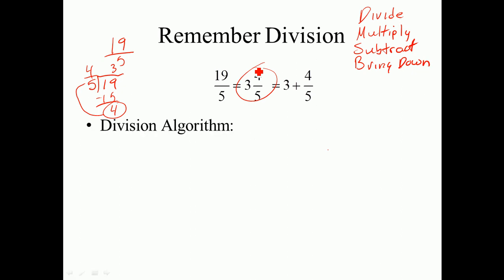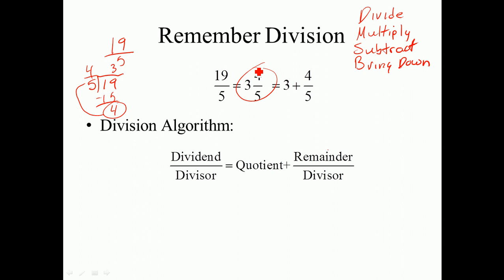So from here, I can show you the division algorithm. Basically, what the division algorithm says is the dividend over the divisor is equal to the quotient plus the remainder over the divisor. So once we divide some number by another number, this is the setup that we should always get. And remember, if your remainder is equal to 0, then this whole term is just going to be 0.